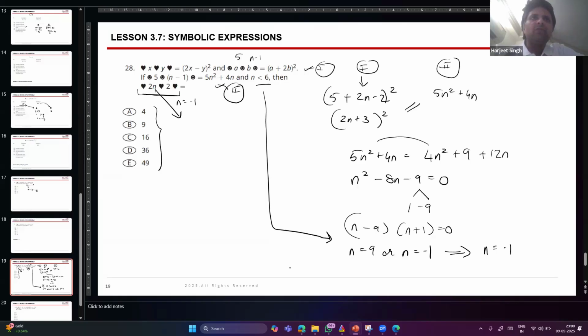So I get 2n twice into 2n, so minus 2 into 2 is minus 4, right? And y is 2. So this is minus 2 whole square becomes 36. I'm using the first equation, I mean this one, first one.